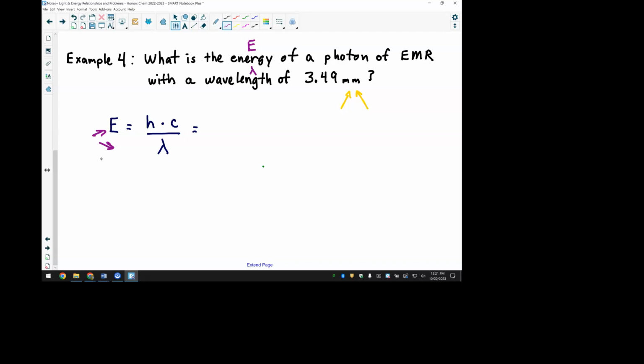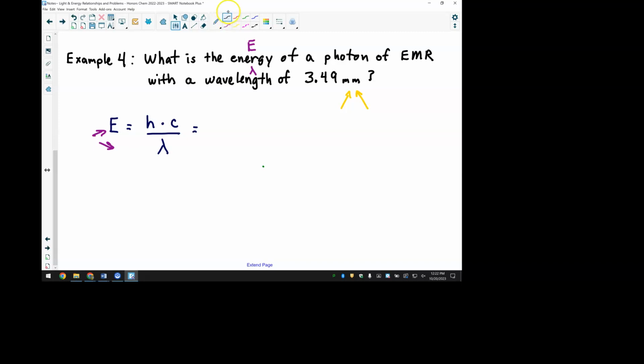I want energy, I'm given wavelength, so I need that third relationship. Also, before we plug any numbers in, isn't that an inverse relationship? As the wavelength gets bigger, wouldn't the energy go down? Makes sense.